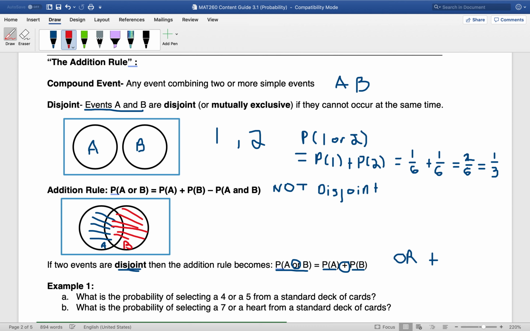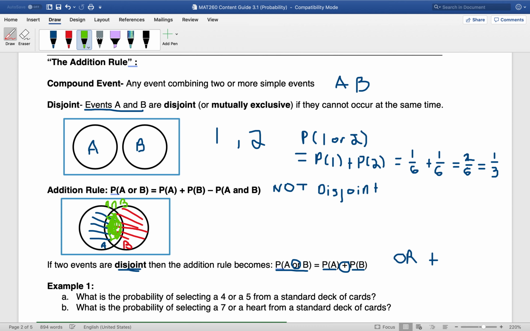Now we can see when we're doing this, we're counting this middle section twice. And the middle section here, we're going to call this A and B, because this is where they both overlap. And sometimes in statistics we write and like an upside down U. So A and B is this middle section.